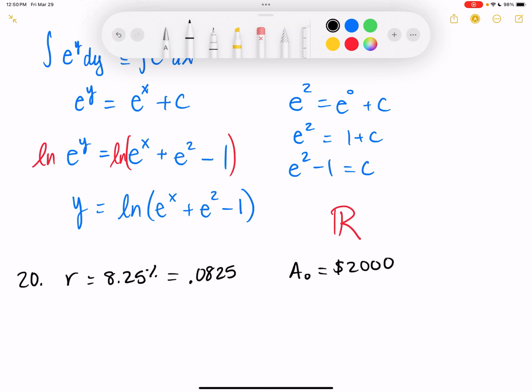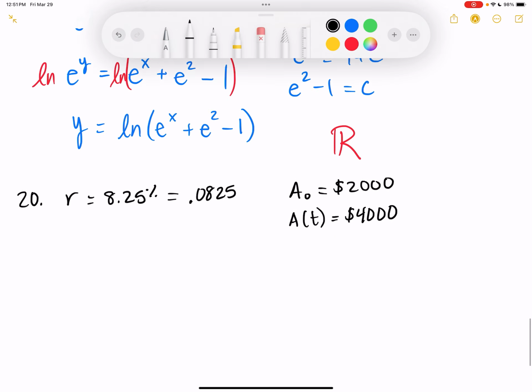They gave us that in the instructions. And we're looking for it to double, so the A of T, the final amount, to be $4,000. We're trying to see how long it's going to take for that to happen, with it compounded under different circumstances.